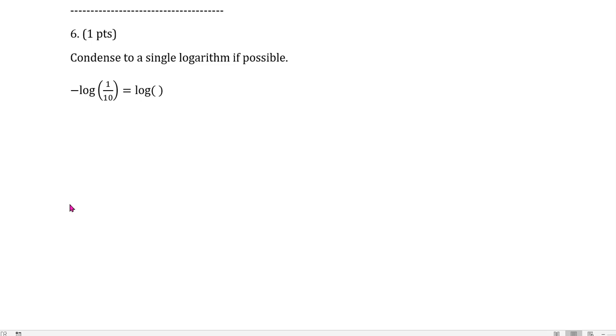I do then want to bring the negative inside as part of the power. I can then think of this as the log of the answer part, 1 over 10, being raised to the negative 1 power. This negative 1 was at the front, but was brought inside onto the answer part. What happens when you take a fraction to a negative 1 power?